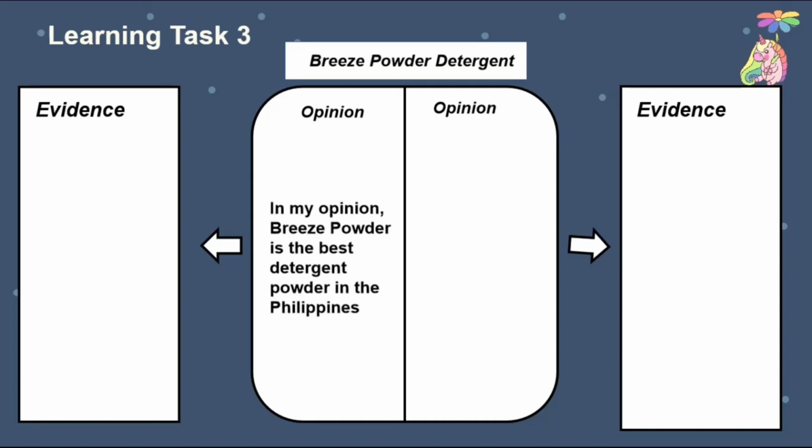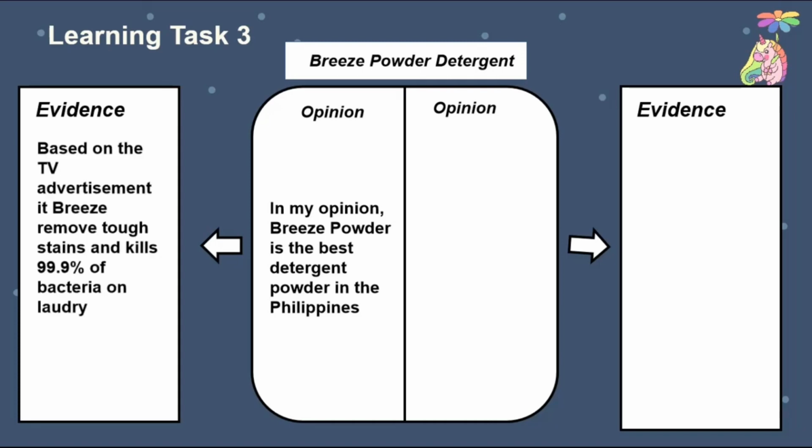So first opinion, in my opinion, Breeze powder is the best detergent powder in the Philippines. So what would be the evidence to back up my opinion? Based on the TV advertisement, Breeze removes tough stains and kills 99.9% of bacteria on laundry.